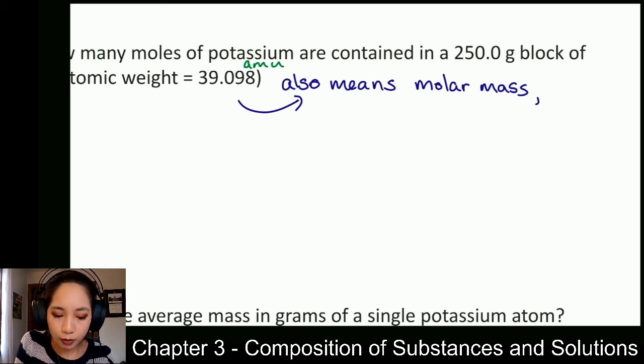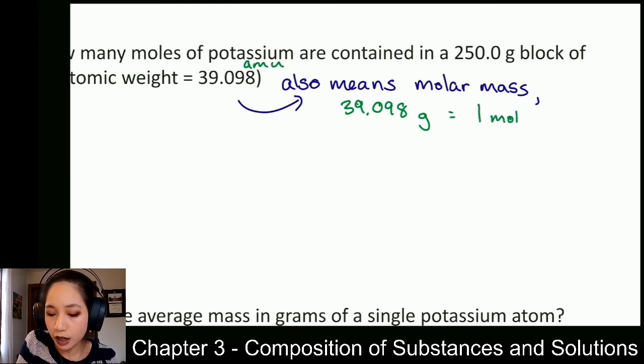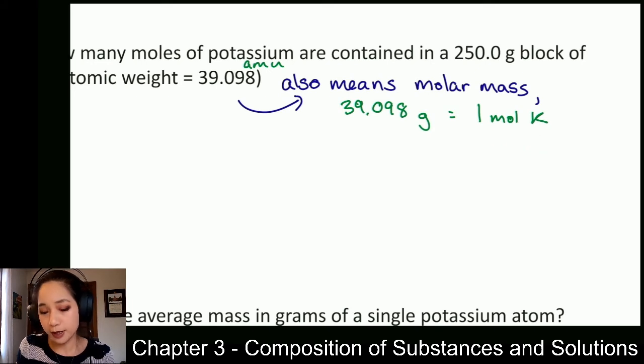So this also means that potassium is 39.098 grams per 1 mole. So this number in AMU is when we talk about single atoms. We use this number with the gram unit, 39.098 grams, when talking about a mole's worth of potassium.